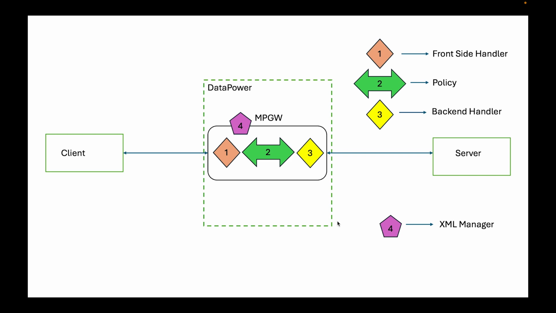Well, there could be several reasons. One of the reasons could be that, for example, clients are B2B partners and the organization does not want to expose its own server over the internet. So they want all the client connections to funnel through a single gateway where they can enforce security and other policies.